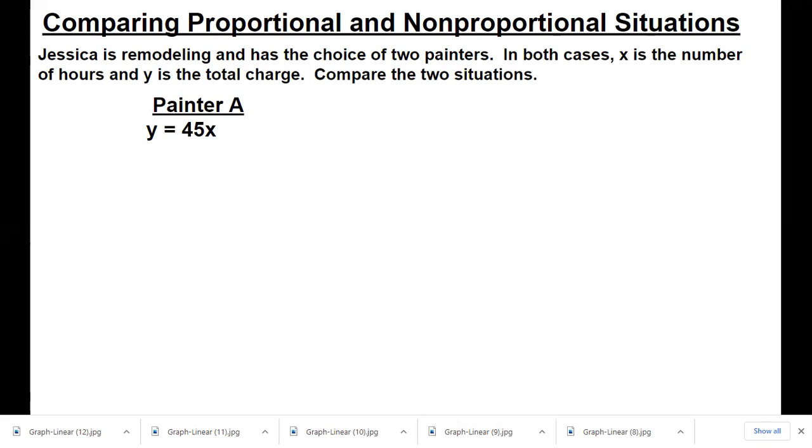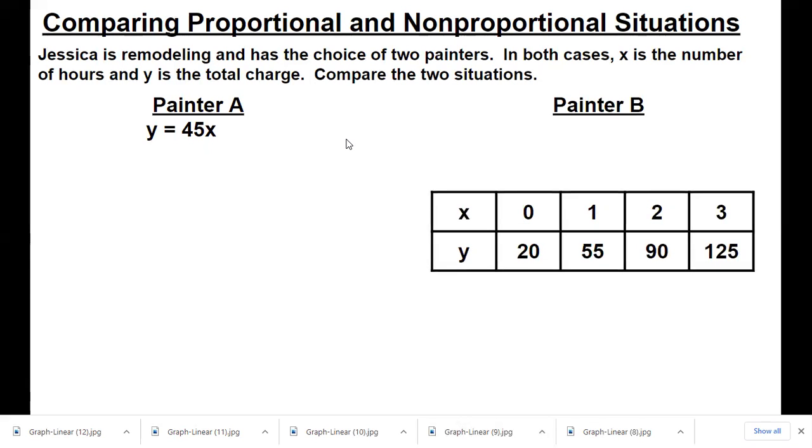Painter A charges $45 an hour. Okay. Painter B, here's a table for Painter B. What can you tell me about that? Well, you have a point 0, so when x equals 0 and y is not 0, that's your y-intercept. So painter B has some $20 fee just before he even starts painting, right?